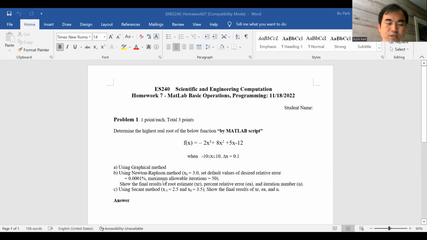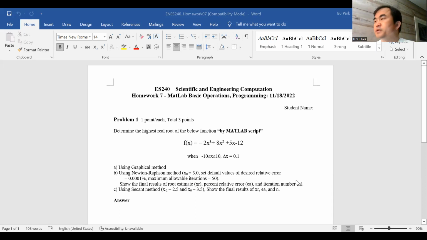And the last one is using the secant method, with x-1 equals 2.5 and x0 equals 3.5, and show the final result of percent relative error, root estimate, and the iteration numbers. You need to show this.